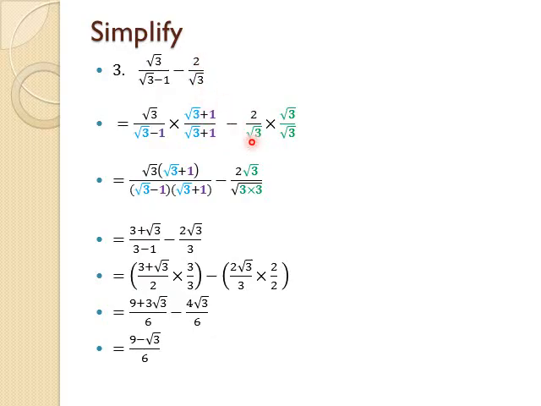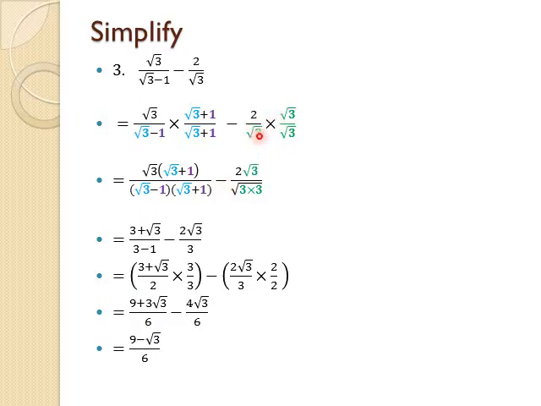Minus 2 over square root 3, I only have 1 square root or 1 term at the bottom. Therefore, multiply by square root 3 over square root 3. Right, so there it becomes square root 3 times square root 3 plus 1. And square root 3 minus 1 times square root 3 plus 1. On the side, 2 times square root 3.